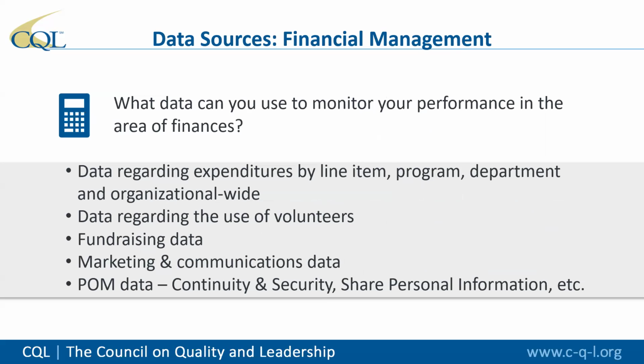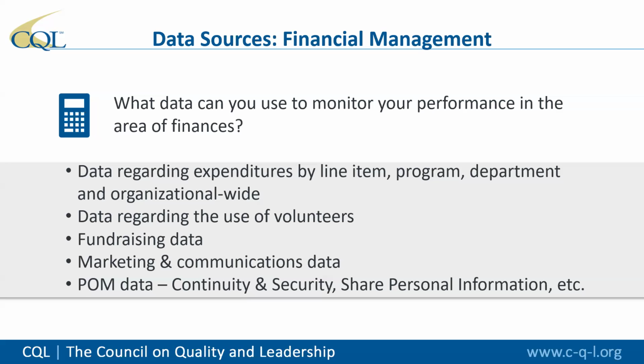In the area of financial management, which is our last area where we're looking at specific data, you might have data around expenditures, finances, organization-wide finances, or by program or department or service. You might also look at volunteer use, fundraising data, grant information, marketing and communications information, such as social media use by the organization.